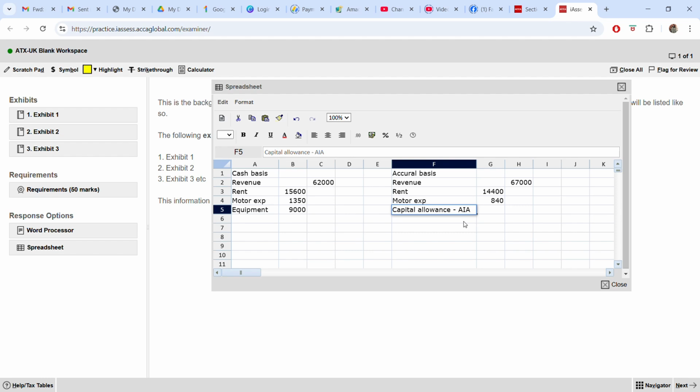Annual investment allowance means every year when you are buying, you are going to get an AIA. There is a fixed amount to it. That means up to this much, if you spend, you don't have to pay any tax. You can deduct 100% of the expenditure, but there is a limit. But this 9,000 is much below that limit.